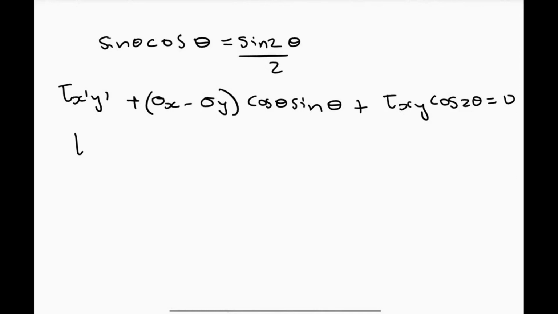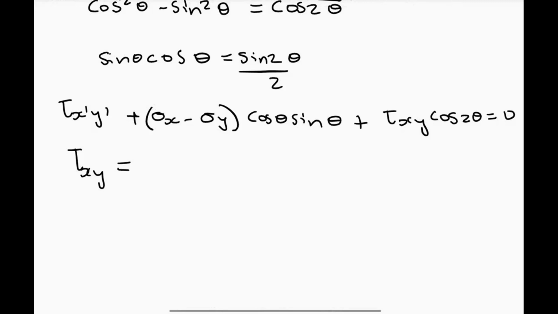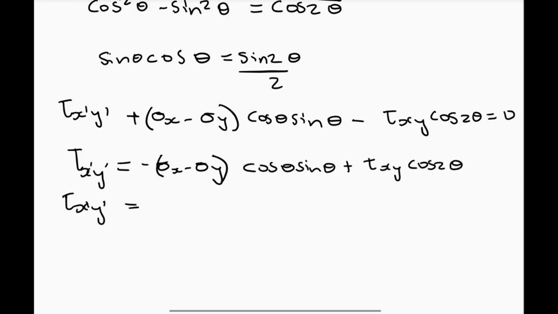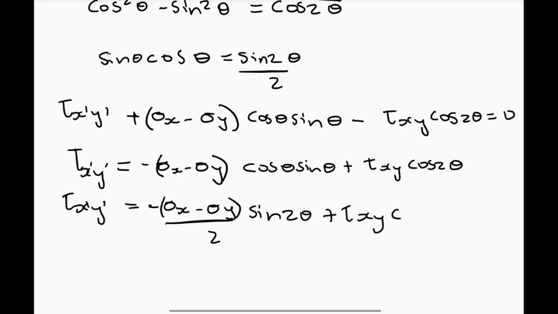So taking it to the other side, I have negative sigma x minus sigma y cos theta sine theta plus tau xy cos 2 theta. My last thing is to substitute the cos theta sine theta with sine 2 theta over 2, so it becomes negative sigma x minus sigma y over 2 sine 2 theta plus tau xy cos 2 theta.